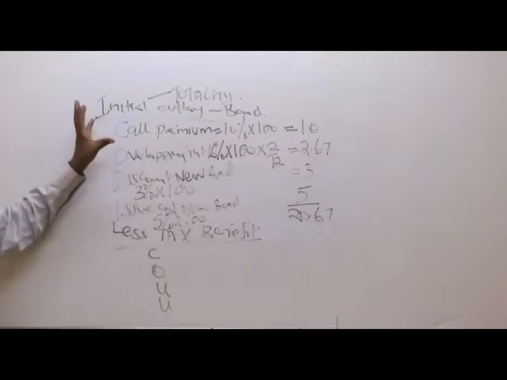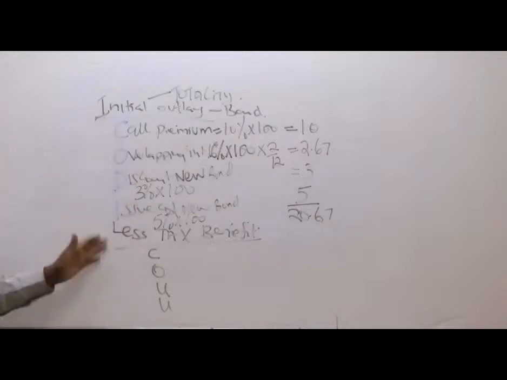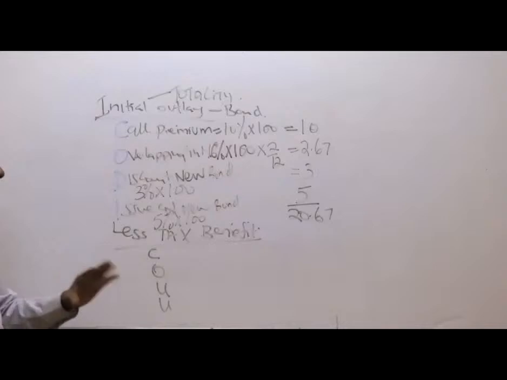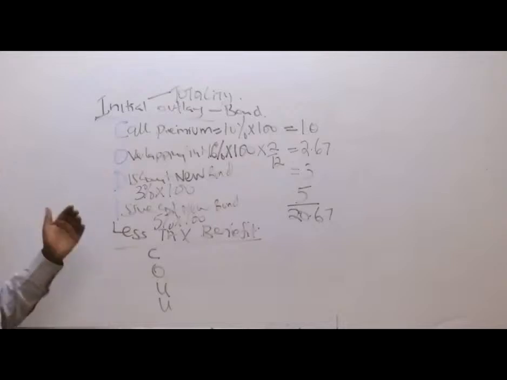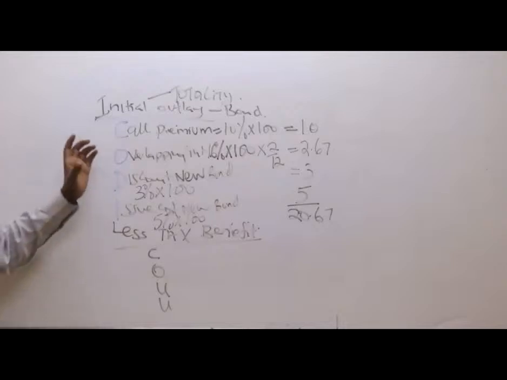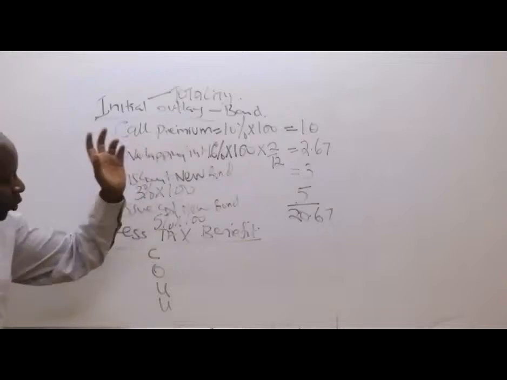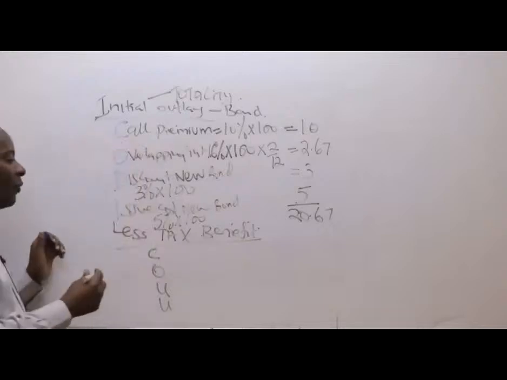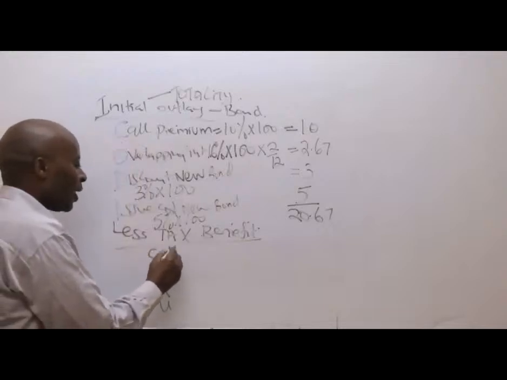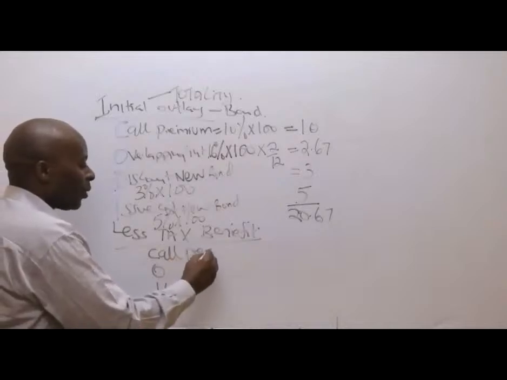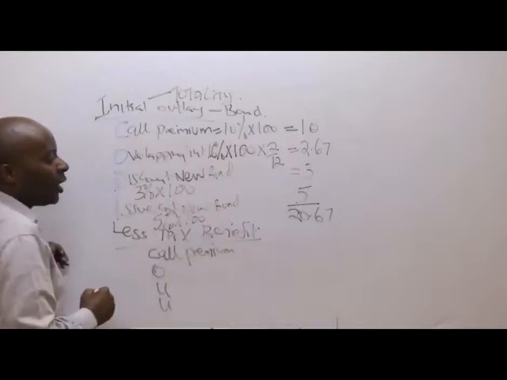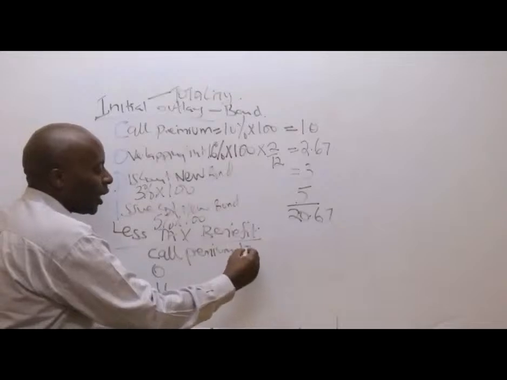For the initial outlay, giving these students this mnemonic works for them. So the tax benefits, the qualifying expenditure: the total call premium will qualify. The first qualifying expenditure is the call premium, which is 10.